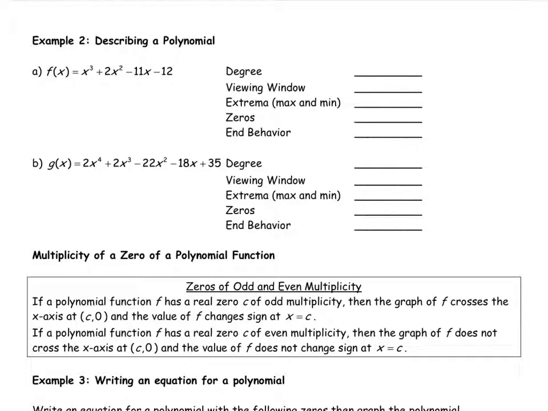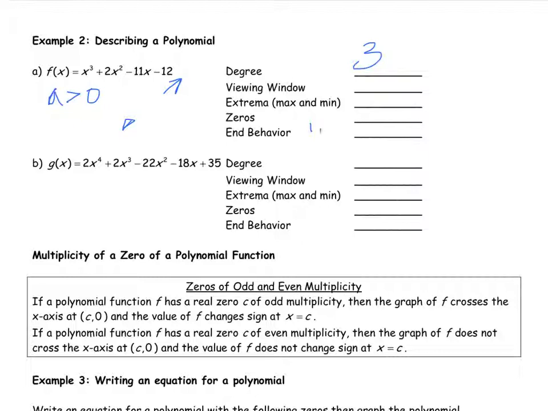The degree of this one is the highest exponent, or highest power, so my degree is the third degree. Because it's odd and my a value is positive, it's 1 right here. My a is positive, which means my end behaviors are going to go in opposite directions. It's going to mimic that of a line.